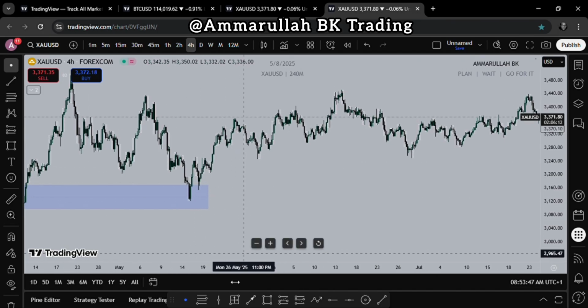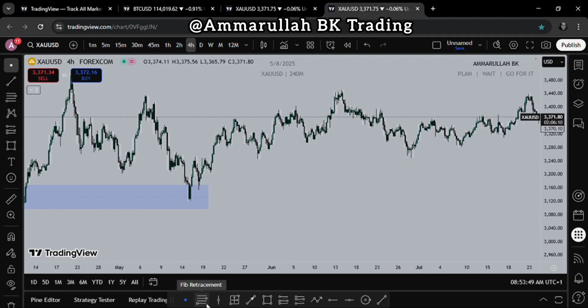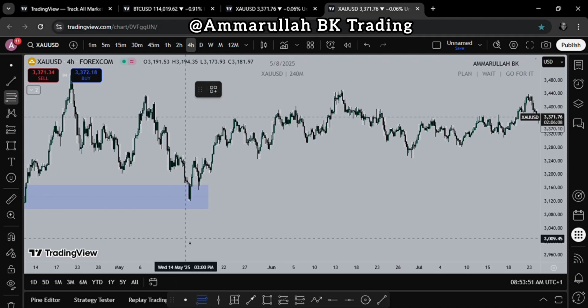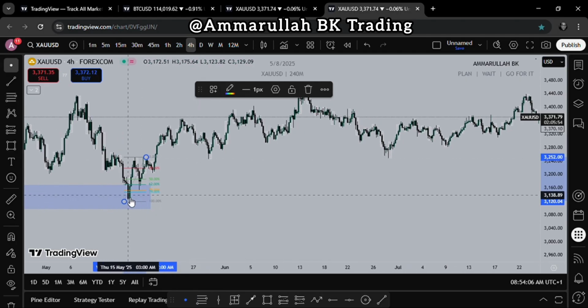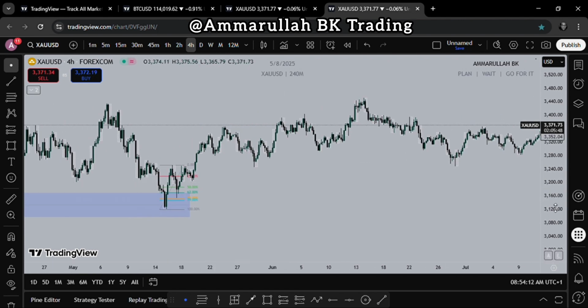So how do you do it? You are going to use your Fibonacci retracement, which is this tool. After mitigating this particular price level, then it made this high. So where you look for your entry is at the equilibrium of this range. What is the equilibrium? Equilibrium simply means the midpoint of a price movement.